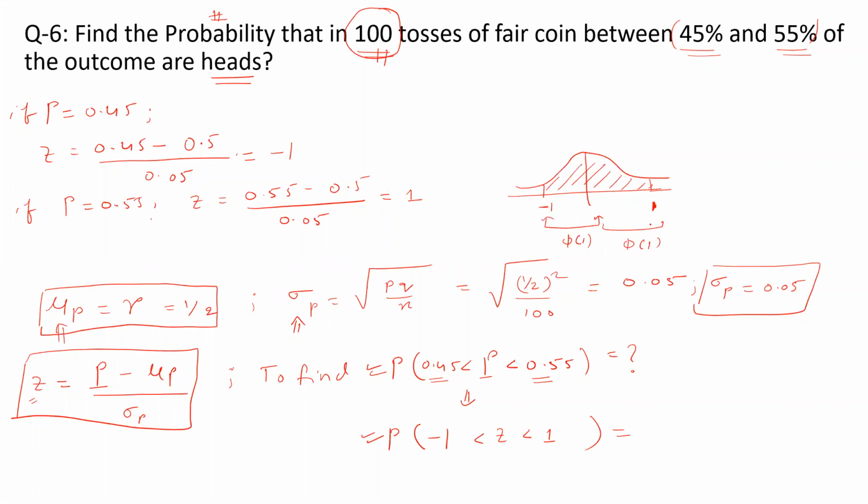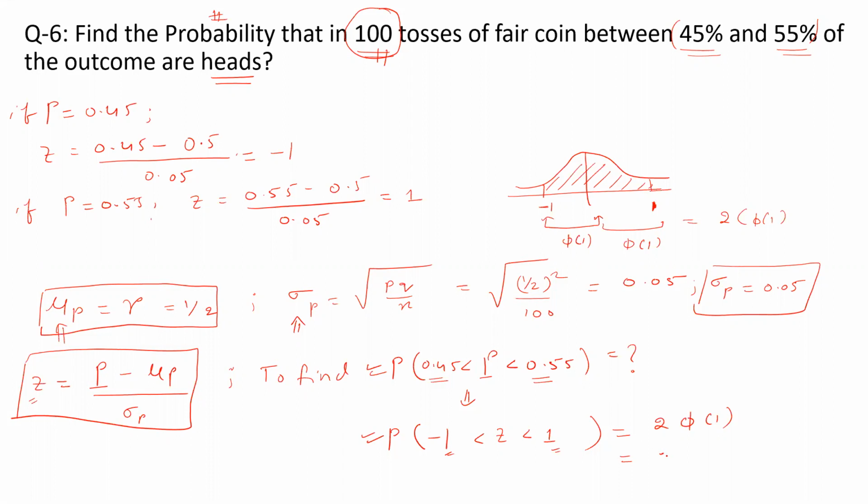So we have to add this plus this, or we can simply write that as 2 times the area of 1. Anything is fine because both values are the same. So the area of 1 you can calculate from the calculator, as I've told you. We have to go to the mode and distribution and the Q value of 1.